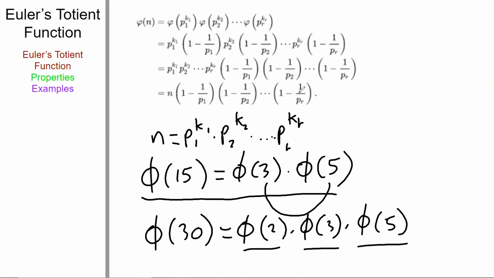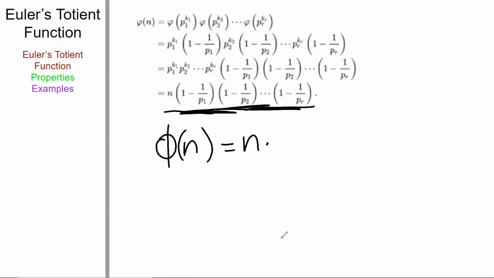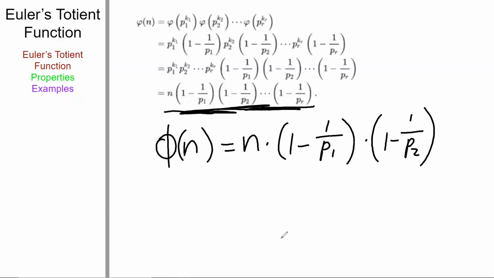Okay, so if you actually simplify the equation given up here, then you'll find this formula. So this is a formula that applies for any number n. So phi of n will be equal to the number n times 1 minus 1 over its first prime factor times 1 minus 1 over the second prime factor all the way onto its last prime factor.